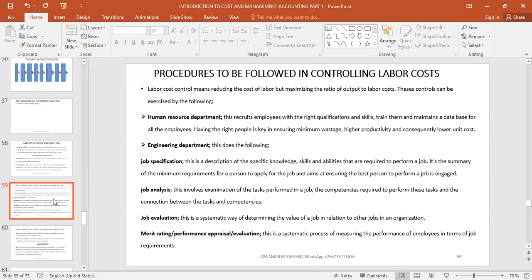The second last one they do is job evaluation. This is a systematic way of determining the value of a job in relation to other jobs in an organization. When they are determining the wages or the salary to be paid for a certain job, you may find they compare within the organization.